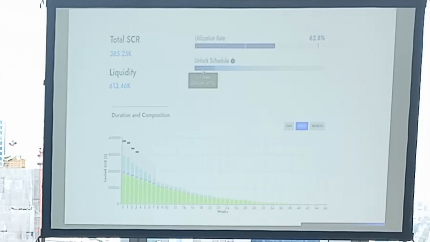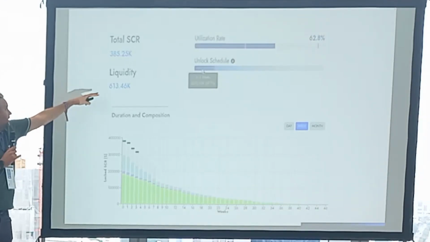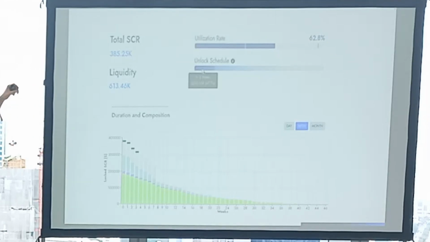Other information that is relevant for the liquidity providers is the unlock schedule, right? What is the duration of the policies that we are covering? With this unlock schedule, if you scroll to the first cell, you will see, for example in this pool, probably 40% can be withdrawn immediately, but in 1 week, 45% can be withdrawn, and in 3 weeks, 47%, right?